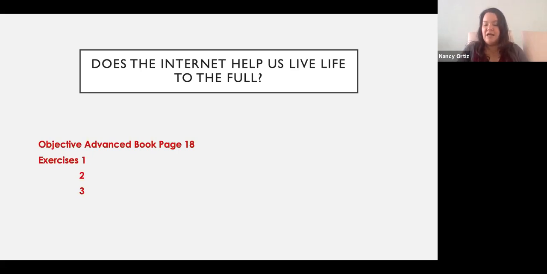This is pretty much the idea of this reading. As you can see, we are combining the skills. Instead of just grammar, here we're practicing reading comprehension. We engaged at the beginning in an opinion or discussion activity, but while we're practicing reading, it's the grammar we're working on, which is dependent prepositions. Okay? Any question?